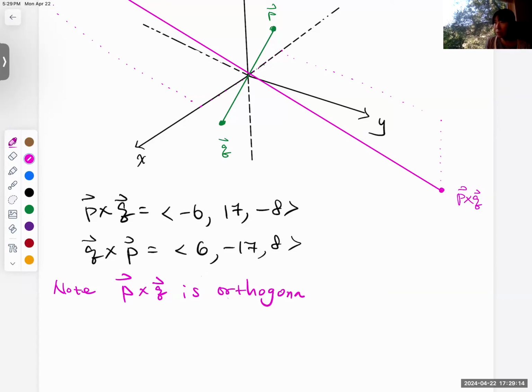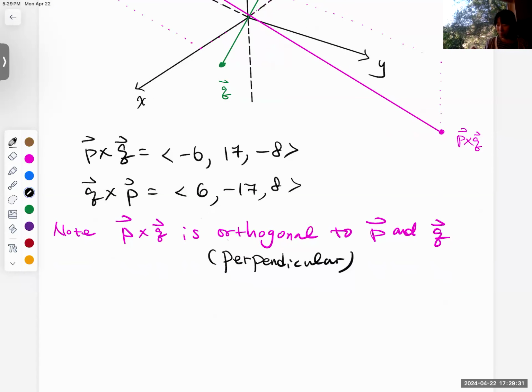Orthogonal to P and Q. Orthogonal means perpendicular. Now, what can you say about the cross product of Q and P? Same, right? Orthogonal to P and Q as well.